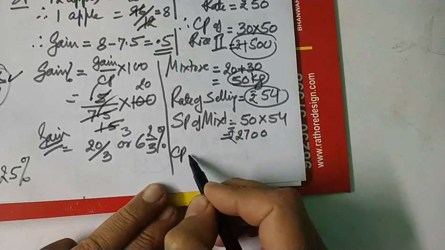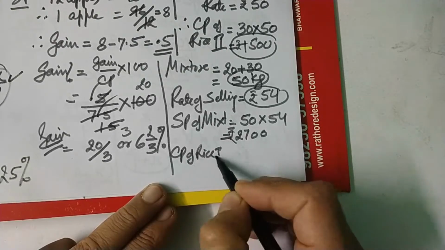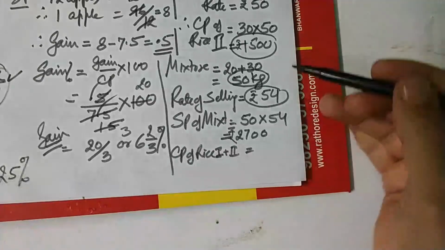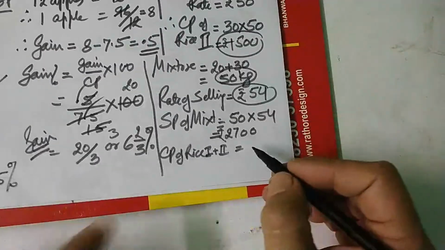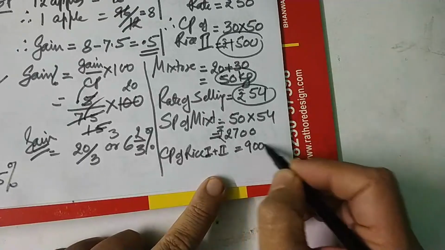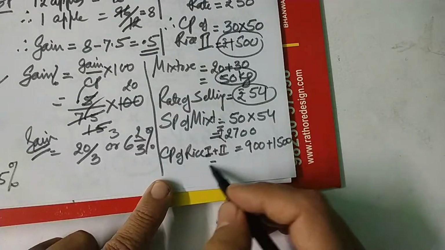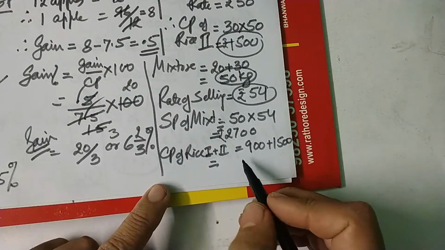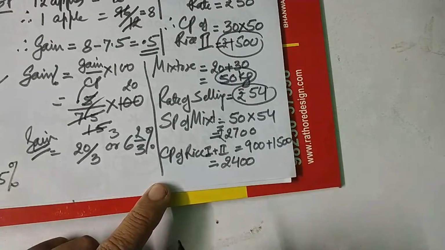CP of both the rice, because she has mixed 1 plus 2. So here I have circled, it is 900 plus 1500. When you add, it will become how much? 15 and 5, 20 and 20, 2400.